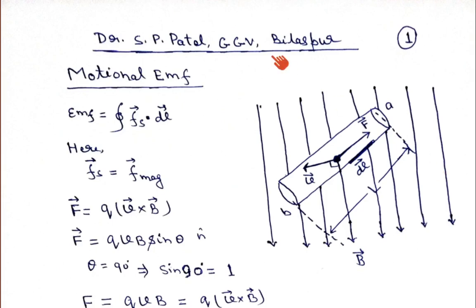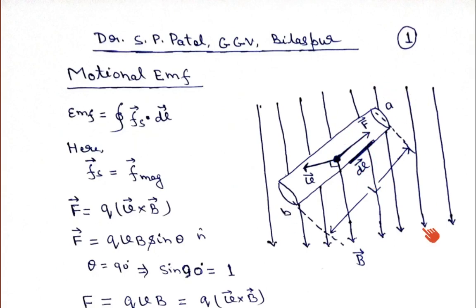But in this series of lectures I am introducing another topic, that is motional EMF. One can say that electromotive force can be generated just by the motion of a circuit or a wire in the presence of a uniform magnetic field.